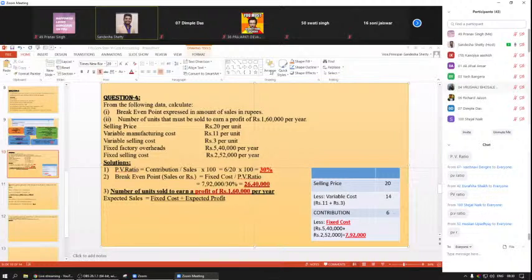Actually PV ratio. But today we are not going to consider PV ratio because the question is number of units.